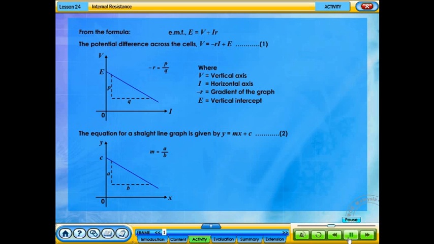The equation for a straight line graph is given by y equals mx plus c, where y equals the vertical axis, x equals the horizontal axis, m equals the gradient of the graph, and c equals the vertical intercept.